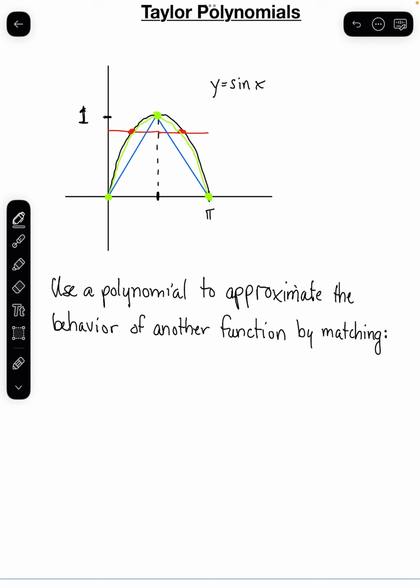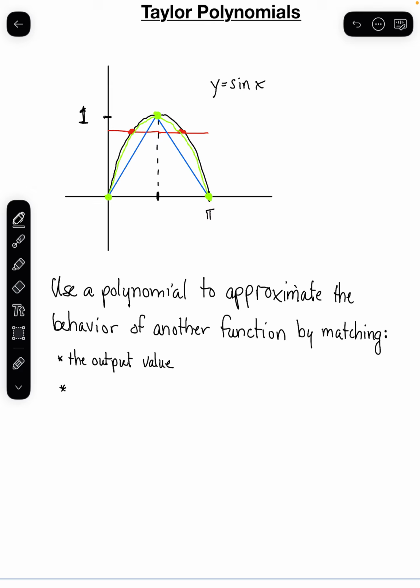We want to match first the output value itself. That's what the red horizontal line is doing. It is only matching the output value of the original function at one single point.